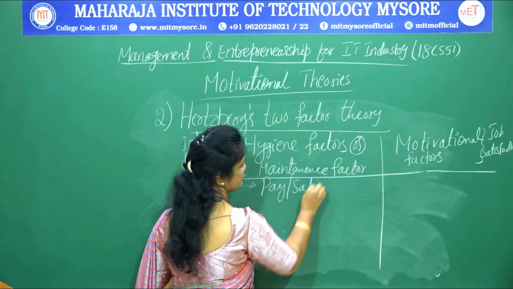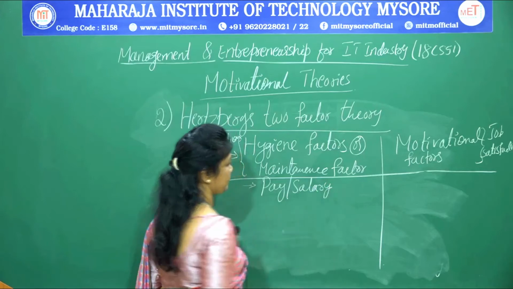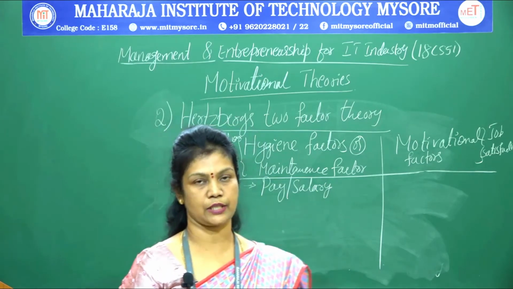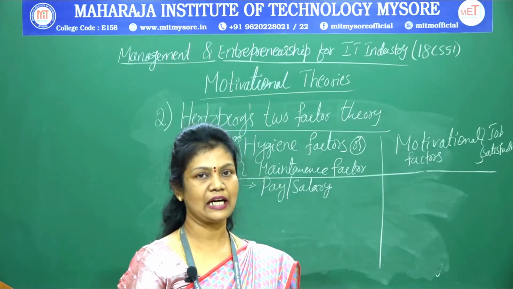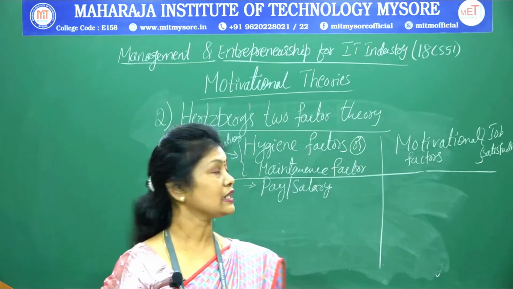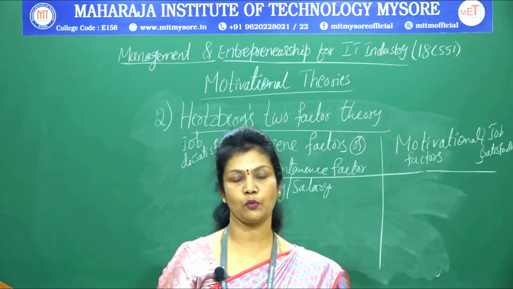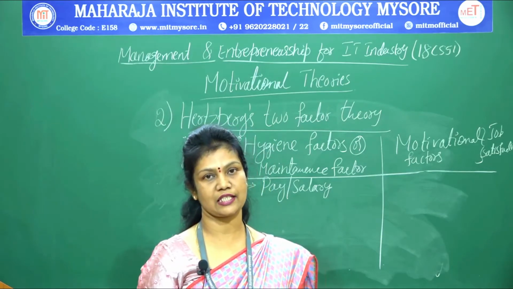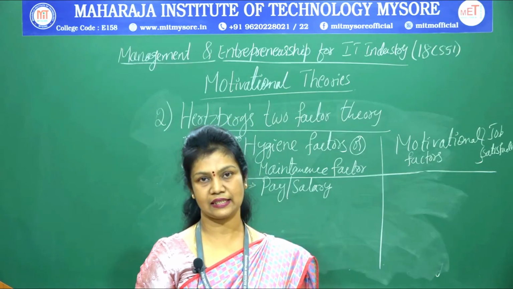The first one is salary or pay. Employees work in the organization. When employees have been hired, they will be allocated some work. For whatever work they perform in the organization, they are going to get the pay.